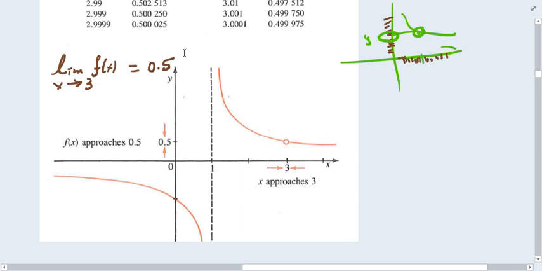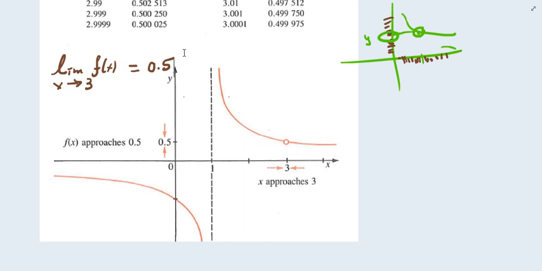And once again, I just want to stress this: we are not saying that when you plug x equals 3 into the function, you get 0.5, because you don't. But the limit of all of the other values tells us that at x equals 3, the value would be 0.5. Okay?